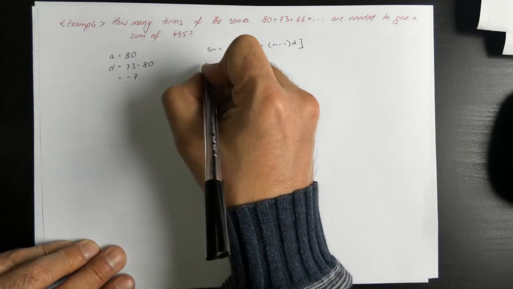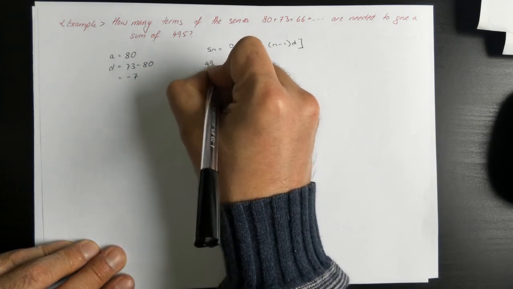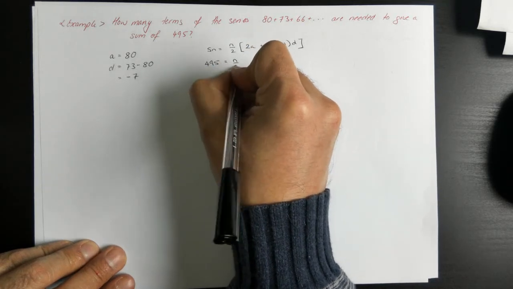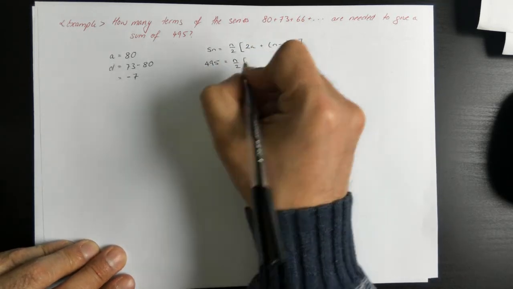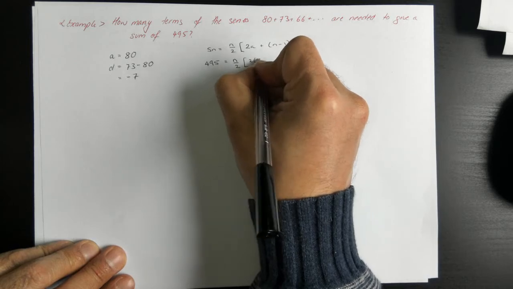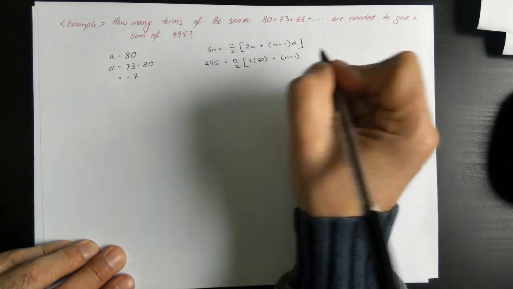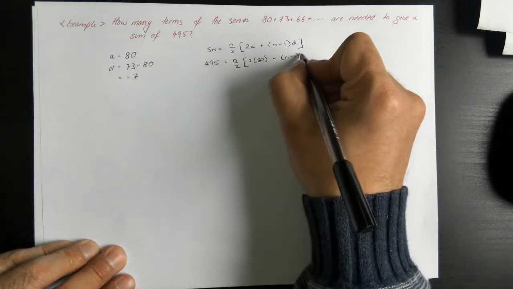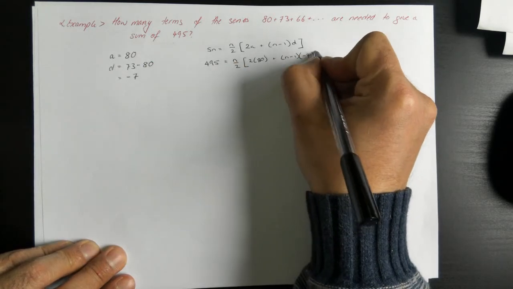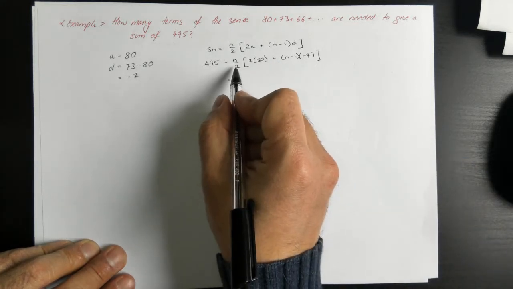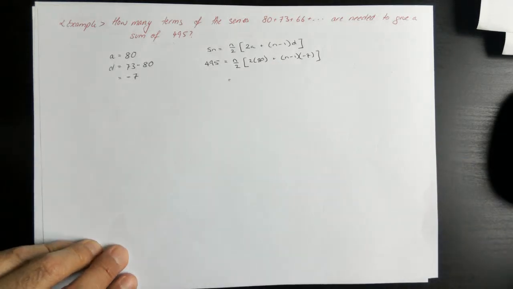So I know that that's 495. I know what a is, which is 80. Still want to figure out what n minus 1 is, or my nth term, but I know my common difference, which is negative 7. Alright, I'm just going to get rid of that 2 by multiplying that to the other side.